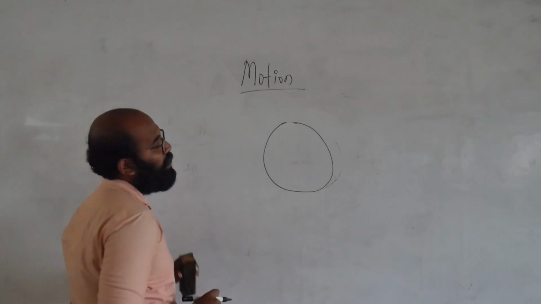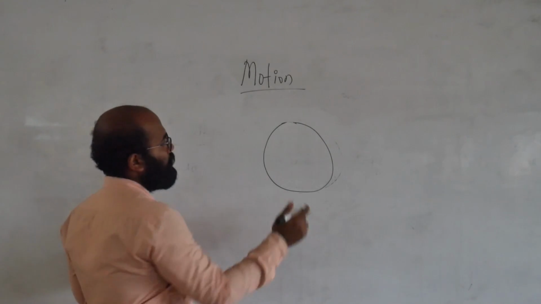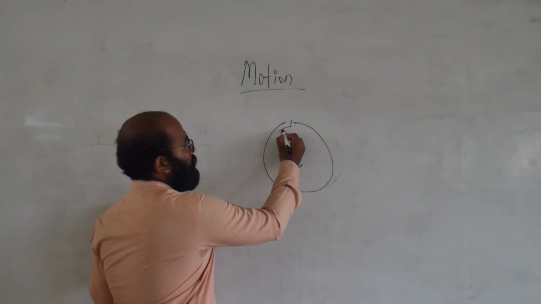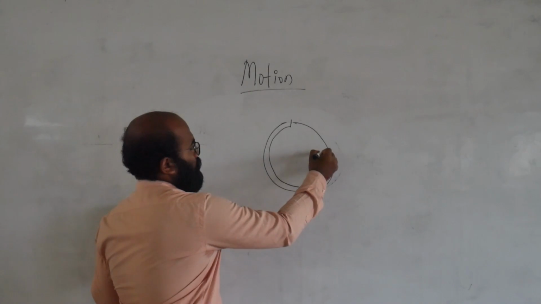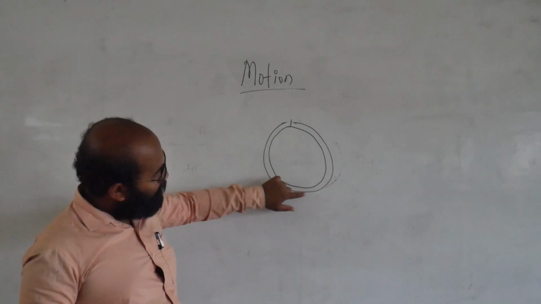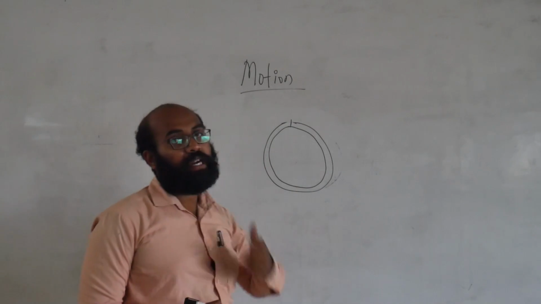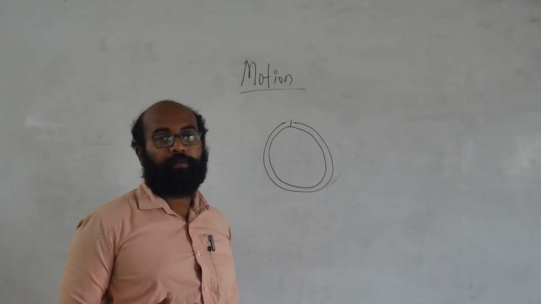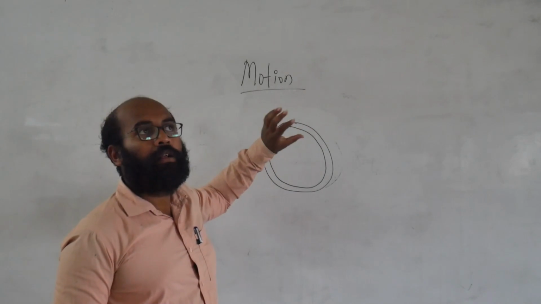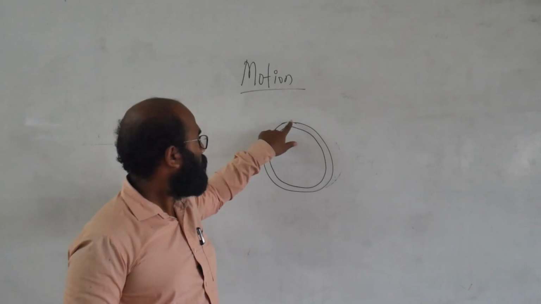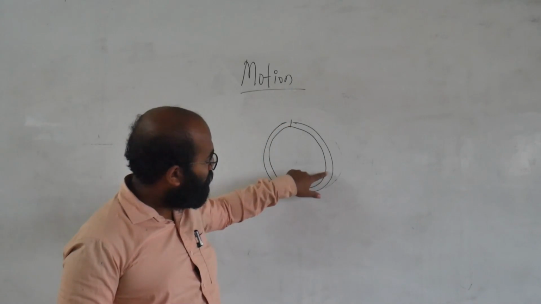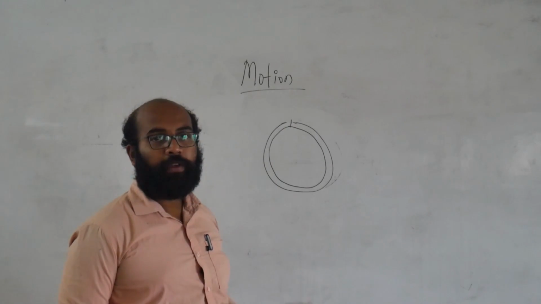Suppose I start from here, this is the starting point, and I run. Usually you would have seen the circular track will be of 200 meters or 400 meters. If we take this to be a 400 meter circular track, the distance covered after one round will be 400.